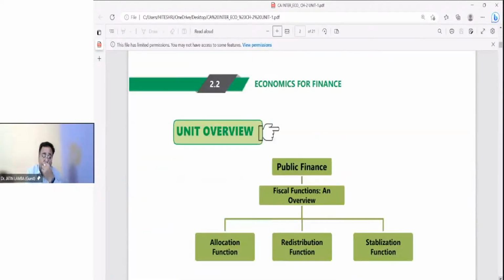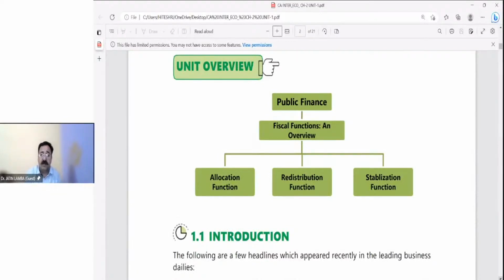Then see what the overview of this unit is. First of all, public finance. In public finance, I told you the major source of income for the government is taxes, and there are also some other things. So these are the fiscal. Fiscal means budget. And whenever the annual budget is presented by the government, I have already told you, every year in India, the government budget is presented in the parliament on the first working day of February, right?